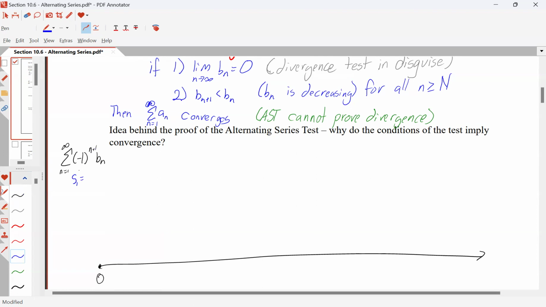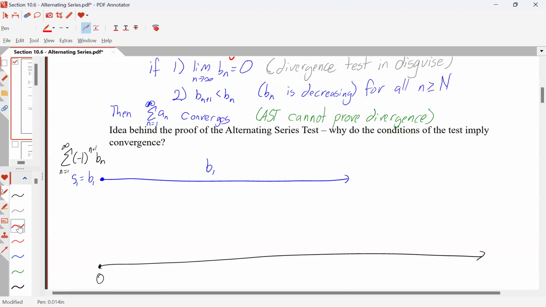The first term of this sequence, when I plug in 1, would be -1 squared, so positive, and it would be the first term of the sequence b sub n, so b sub 1. That is the first partial sum. So on a number line, that would look like starting at 0, adding b sub 1, and we'd land someplace at b sub 1.